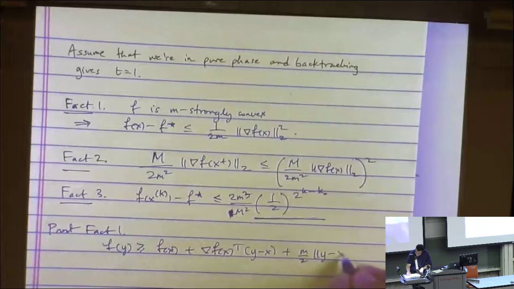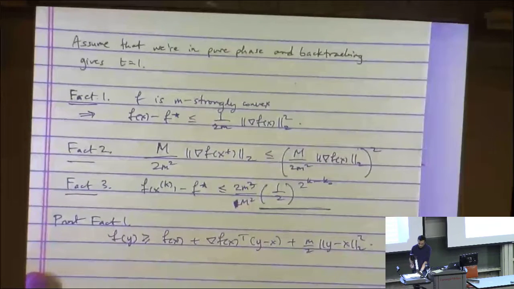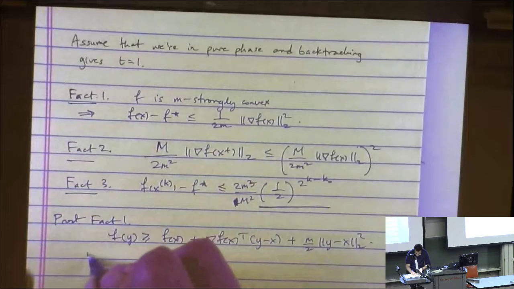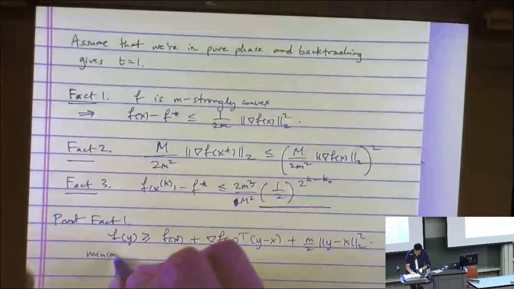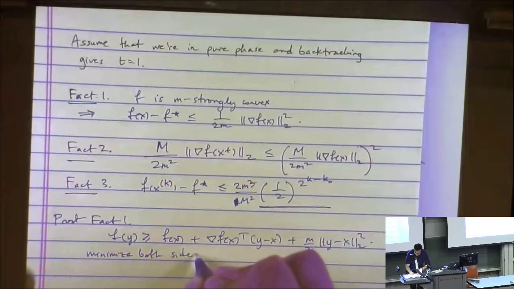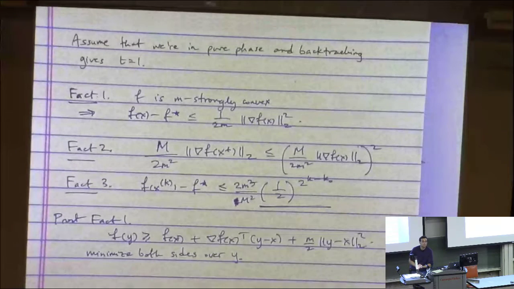We proved this on homework 1, actually. This was on your homework 1. Okay, so now I'm going to minimize both sides over y and see what kind of inequality I get out.